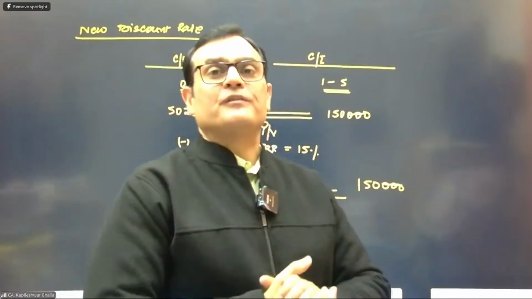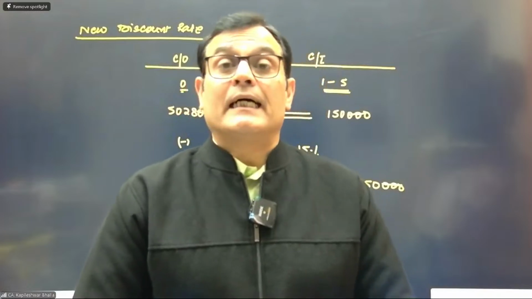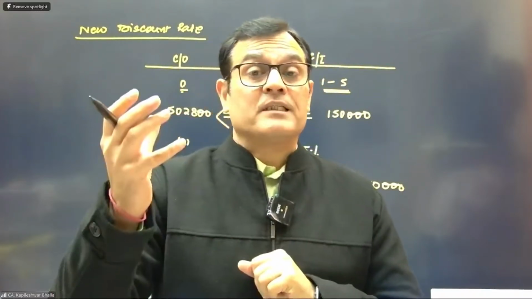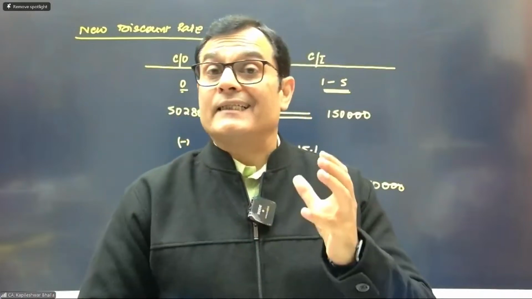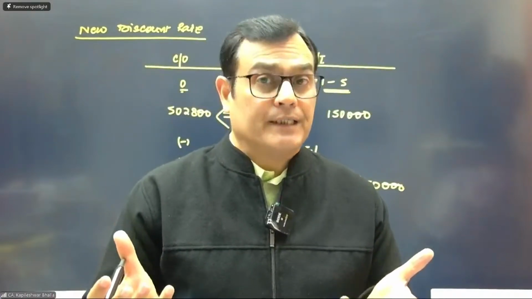So at 15%, NPV is zero, because the present value of all the inflows and the outflow is equal. So indirectly 15% is IRR.